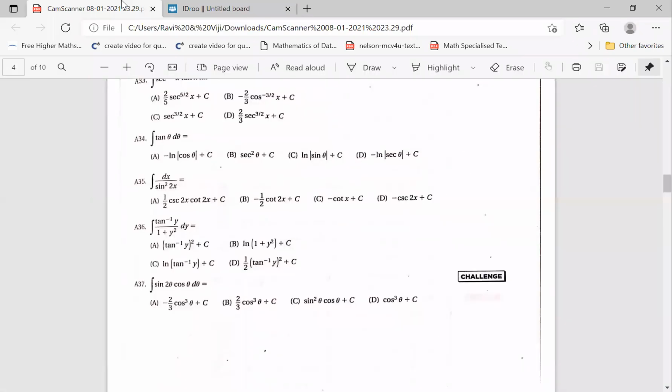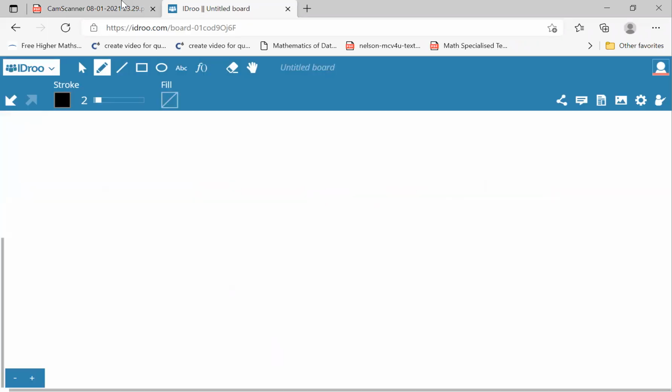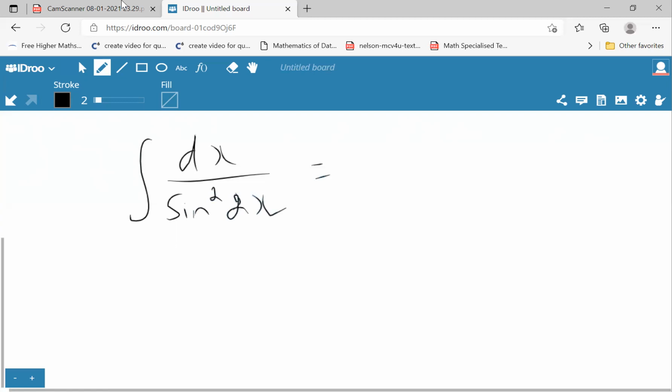Now coming to the 35th question. Integration of dx by sine squared 2x. 1 by sine, the reciprocal of sine, is nothing but cosecant, right? So this now becomes integration of cosecant squared 2x dx.